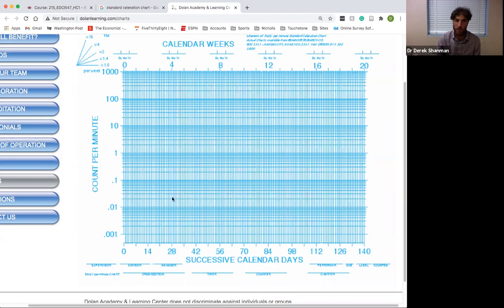And I can graph that right about here, on this line: 0.1, 0.2, 0.3, 0.4, 0.5, 0.6. And I can start to see, do my responses per minute increase over time?